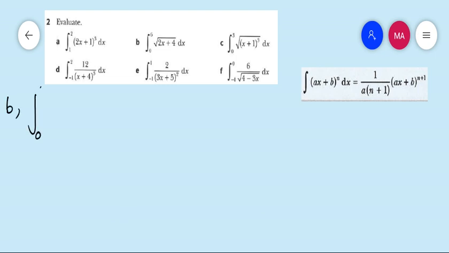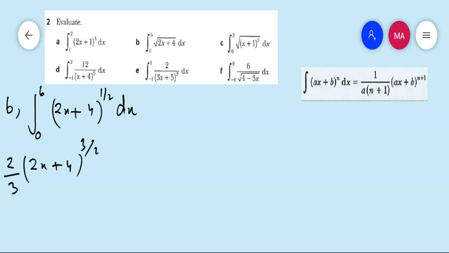Integrate 0 to 6, root of 2x plus 4. Root means half. So I am writing directly the value of root, that is half. And the integration obviously of 2x plus 4, half plus 1 is 3 upon 2. Upon 3 upon 2 must be reciprocal 2 upon 3. And upon the derivative of 2x plus 4, that is 2.